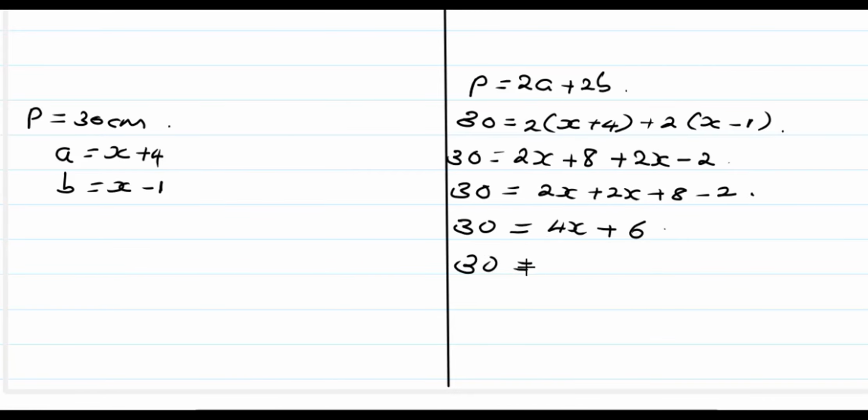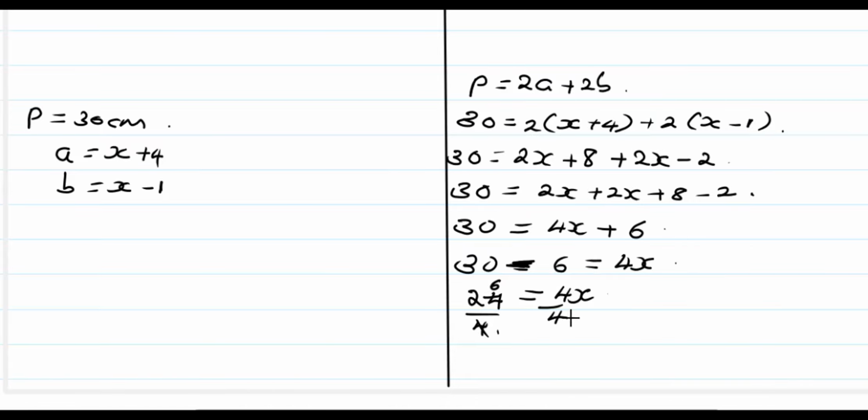So from there, it will be 30 is equal to 4x plus 6. I can take this 6 to the other side of the equal sign, so it will be 30 minus 6 is equal to 4x, like that. So from there, 30 minus 6 is 24, is equal to 4x, but we only need x. So I divide both sides by 4. If I divide this one by 4 and by 4, it will be 6, because 6 multiplied by 4 is 24.